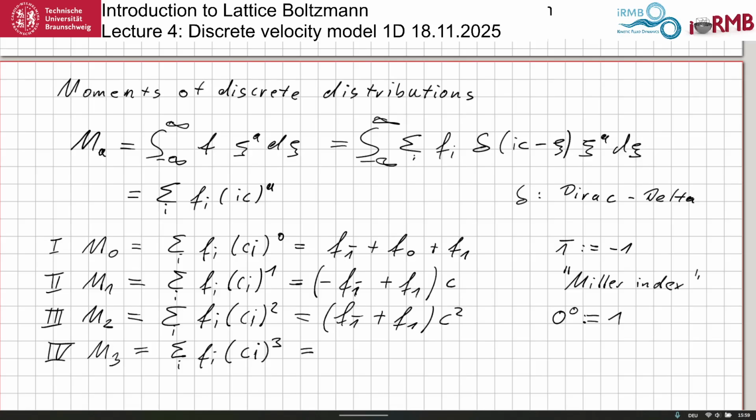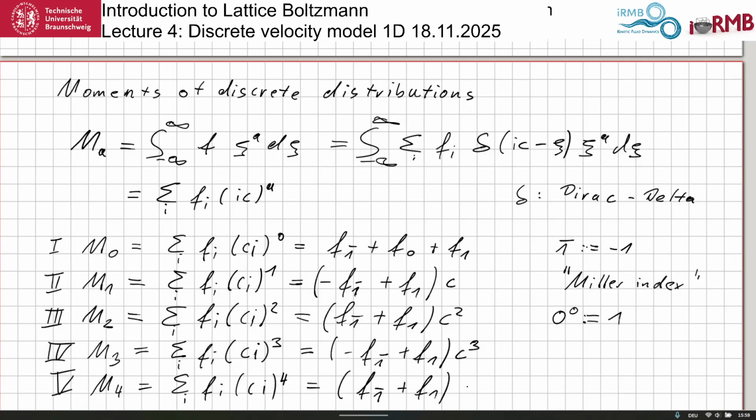Because we have only 1, minus 1, 0, what we get is F minus 1 plus F1, times C to the third. And if we go one further, the sum of Fi Ci to the power of 4 is F minus 1 plus F1 times C to the fourth.